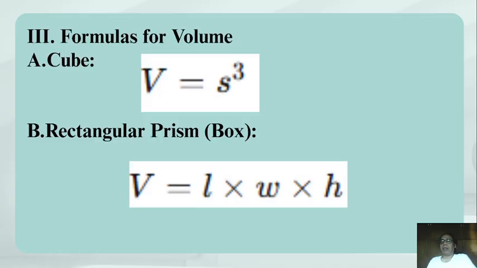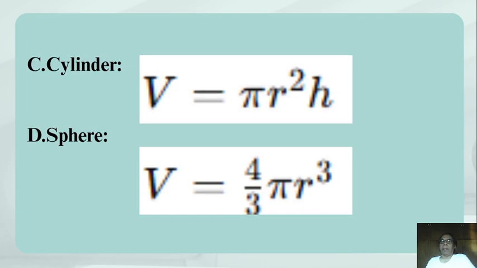Formulas for volume. For cube, V is equal to s cubed. Rectangular prism, like a box, volume is equal to length times the width times the height. For cylinder, V is equal to pi r squared times h.